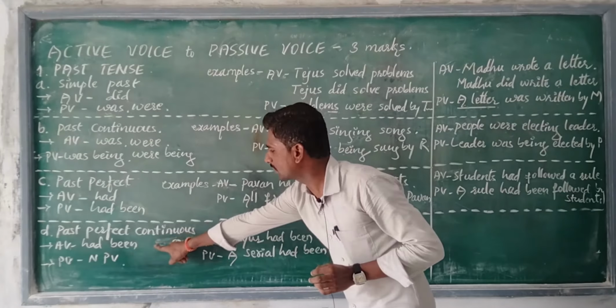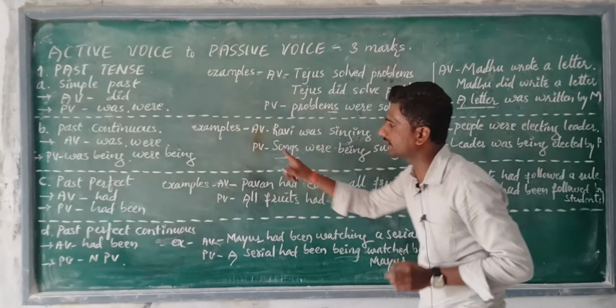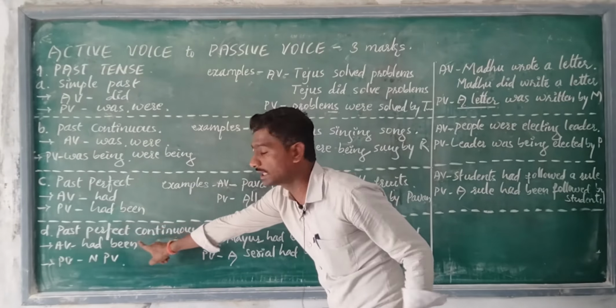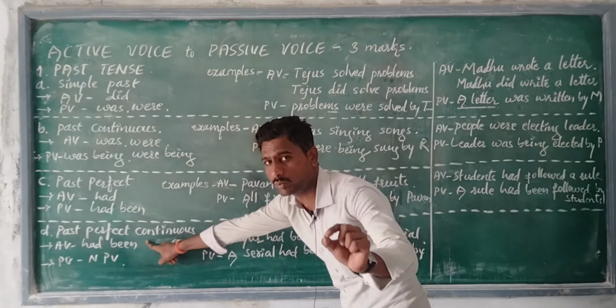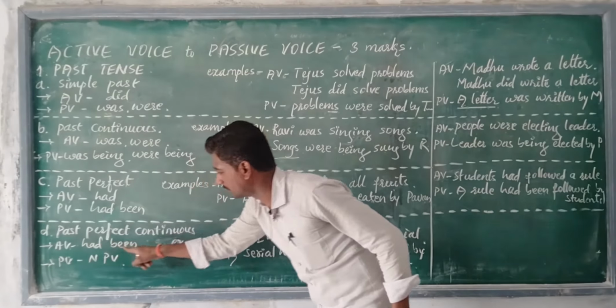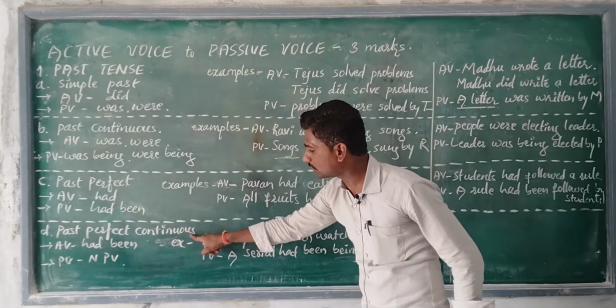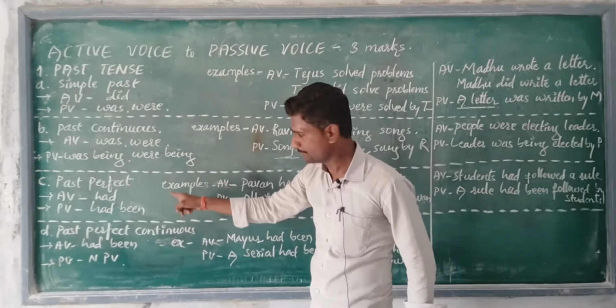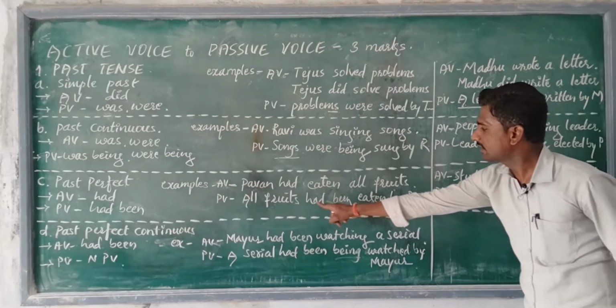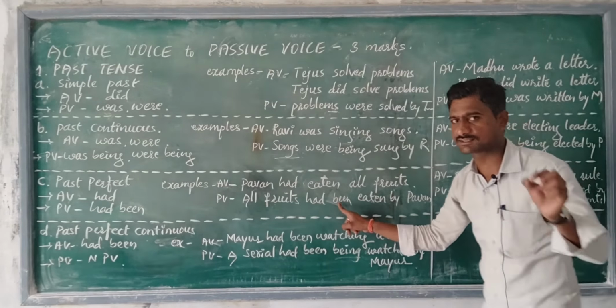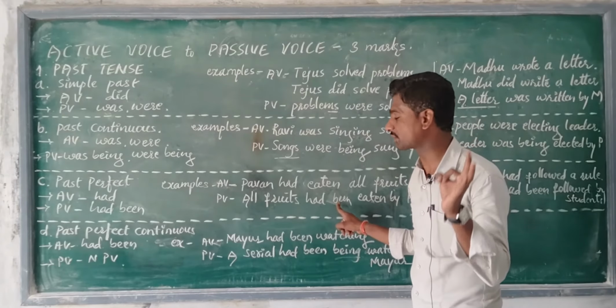This helping verb is already used in past perfect. The active form of the fourth part is already used in the third form for passive voices. This is the major point to remember.